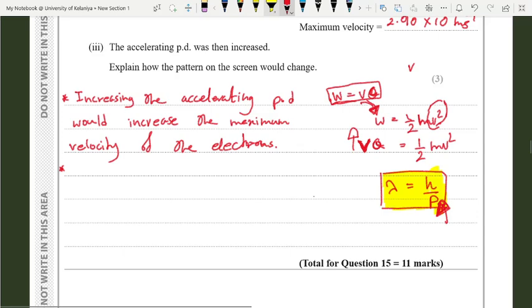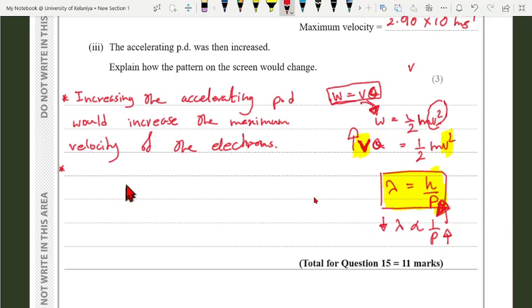So if the potential increases, momentum increases, which means lambda, or de Broglie wavelength, will decrease, because this is inversely proportional to the momentum.